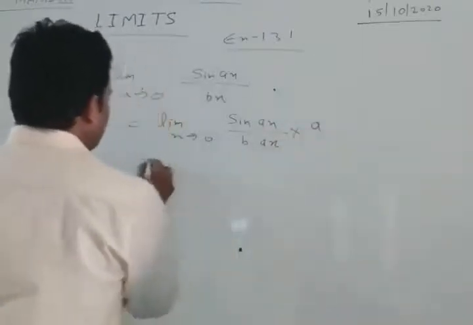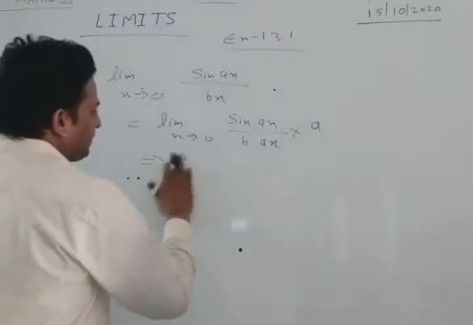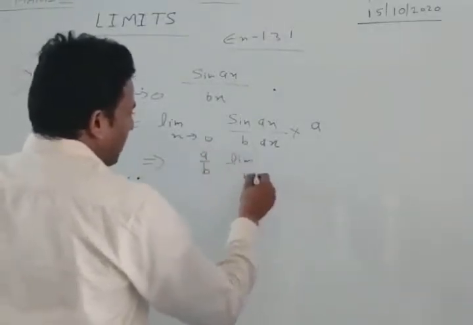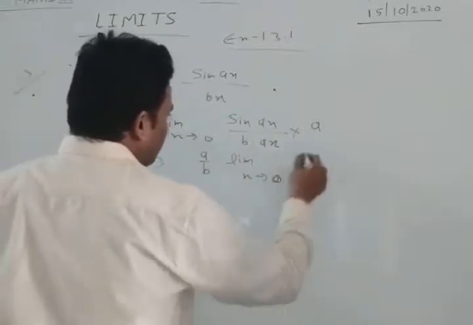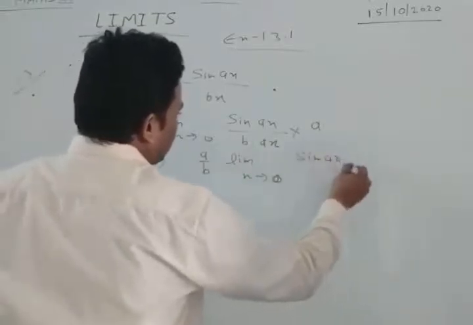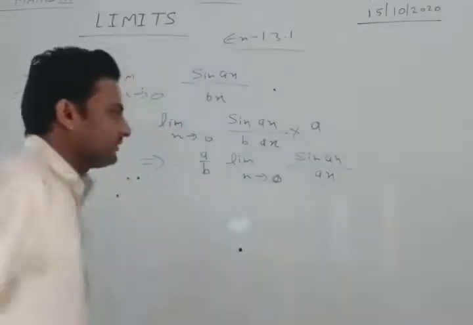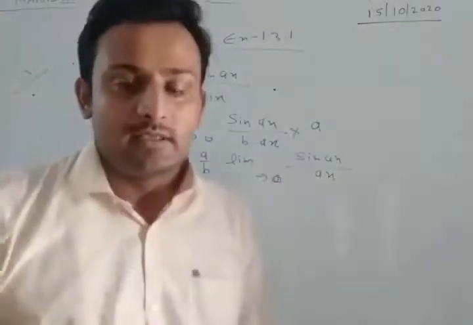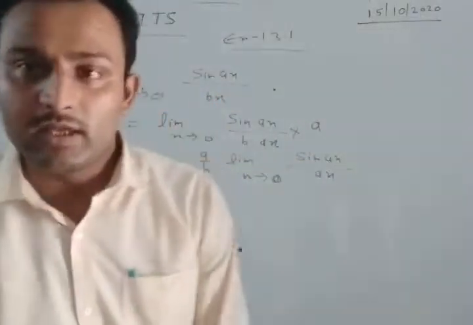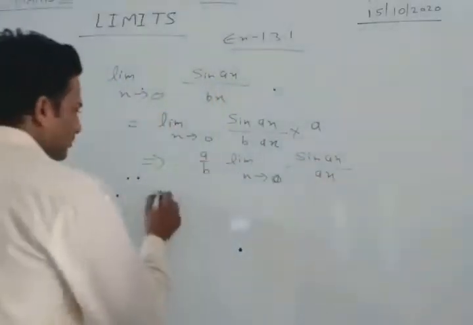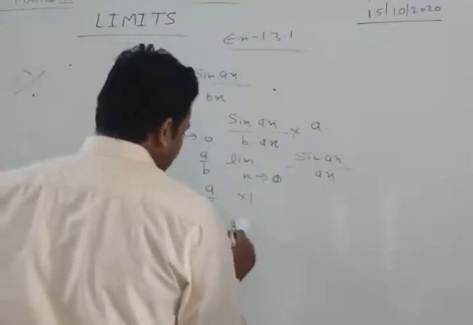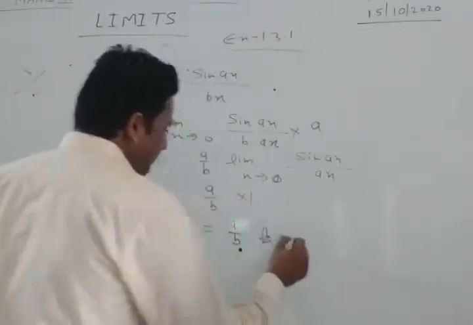Now we can write a by b, limit x tends to 0 of sin ax by ax, and we know that limit x tends to 0 of sin x by x is 1. So we get a by b into 1, this is a by b.